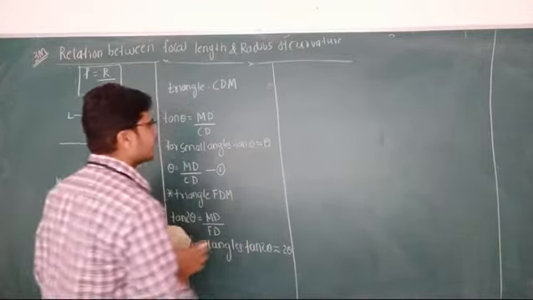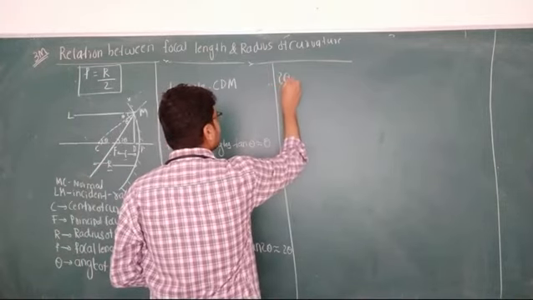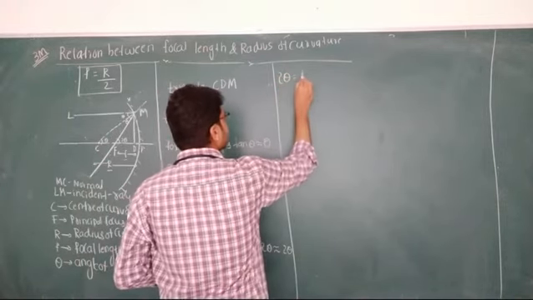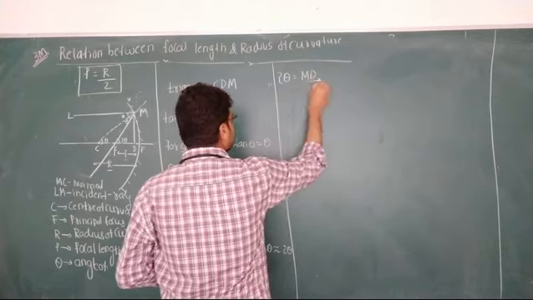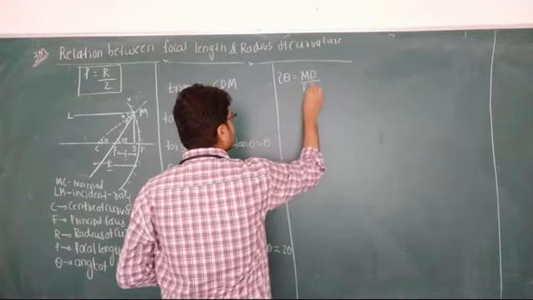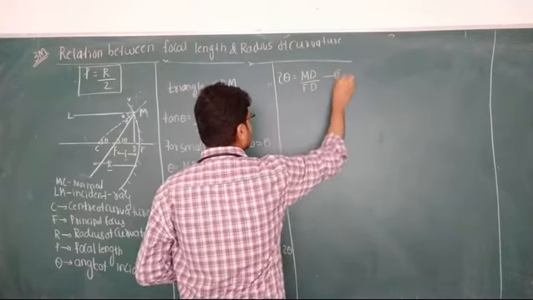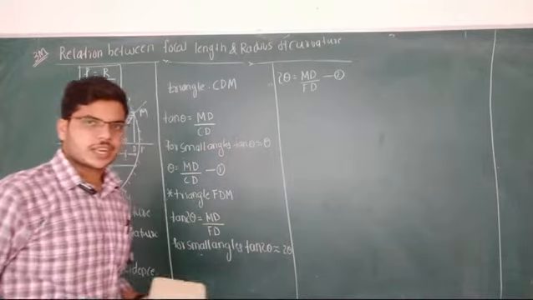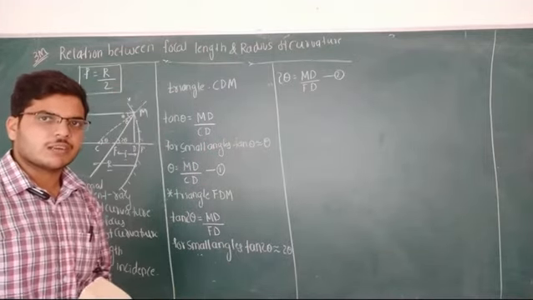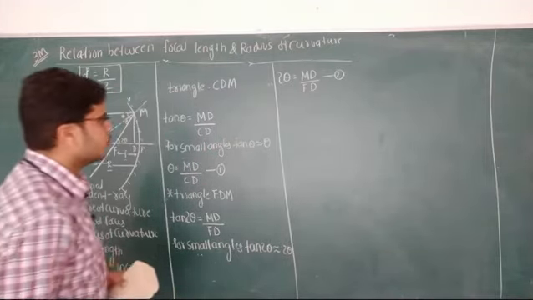Then this equation becomes 2 theta is equal to MD divided by FD. You take it as equation number 2. From the first triangle, equation number 1. From the second triangle, equation number 2.